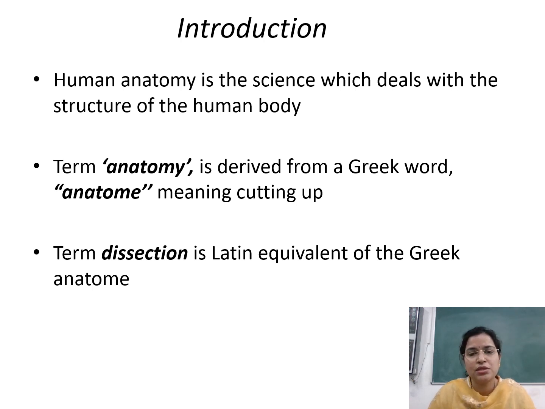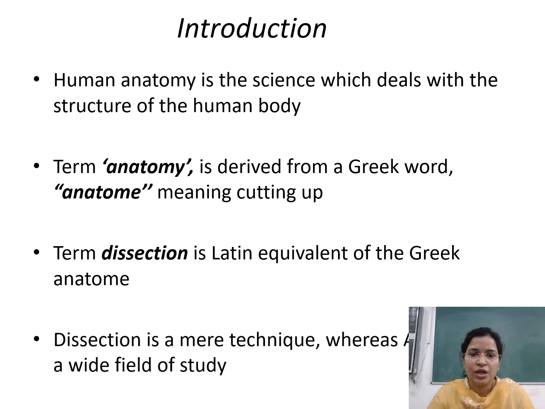When a dead body comes to the anatomy department and embalming is done, it is no longer called a dead body; it is called a cadaver. The practical performed on human cadavers is called dissection. It is a technique, whereas anatomy is a wide field of study.